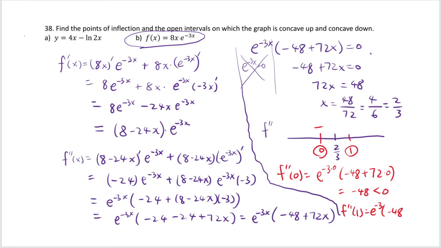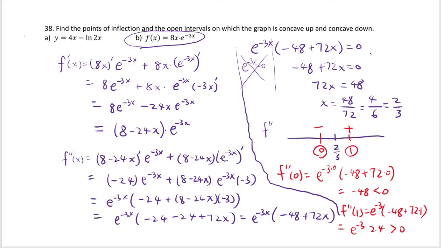Now on the other hand, if I plug in 1, this will be 72 times 1. I don't know what e to the negative 3 is, but e to anything is always positive. And 72 plus negative 48, that's 24, so that's positive. So it's positive here. So 2/3 is definitely an inflection point because there's a change from concave down to concave up.